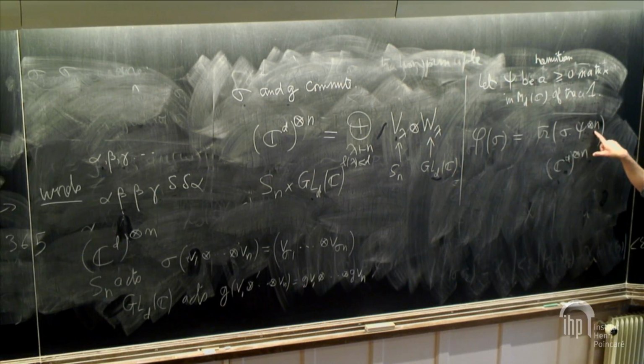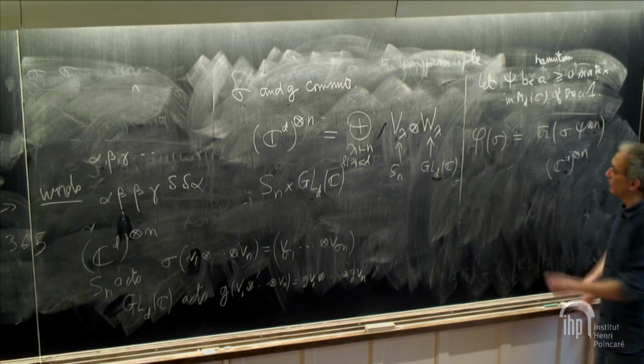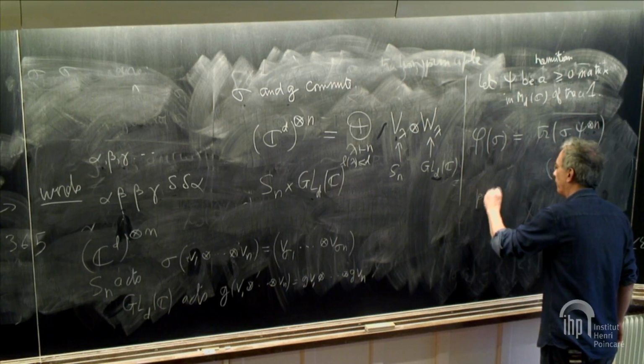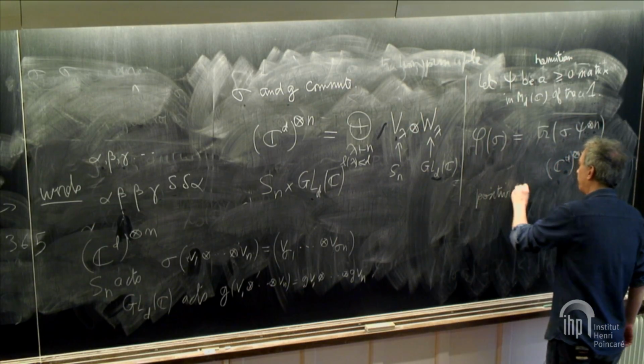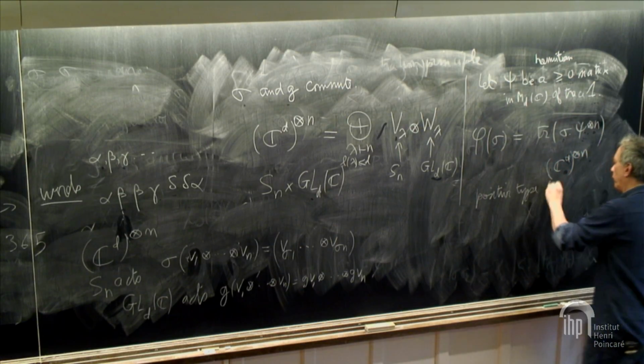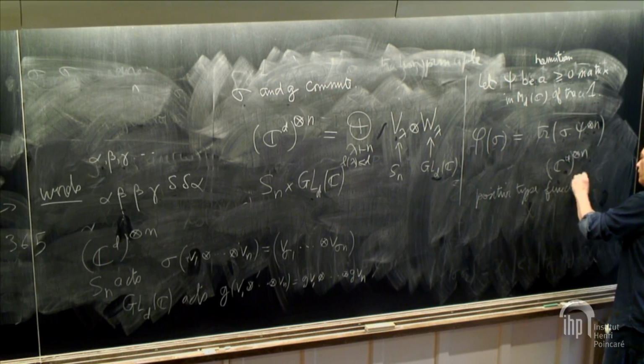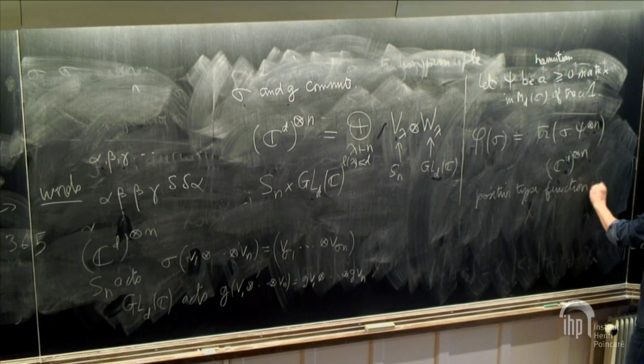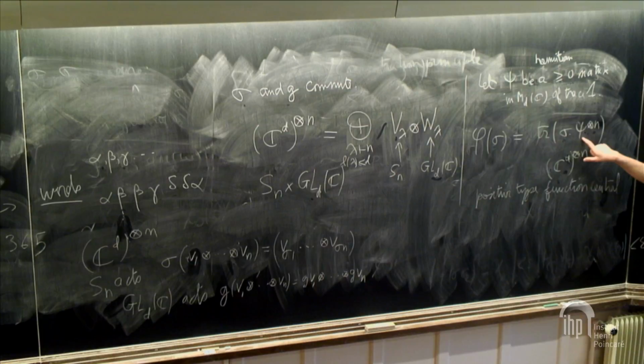Sigma and psi tensor n commute, clearly, because psi tensor n is invariant by permutation. So this function will be non-negative. So it's a positive type function. It is central because, why is it central? Because psi and sigma commute.